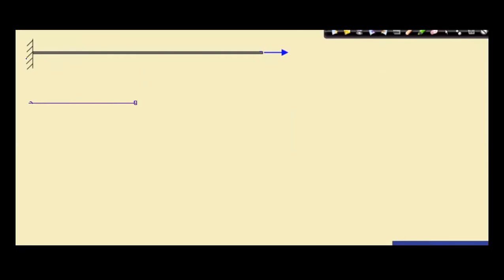We know here the displacement is 0 in the axial direction, because a fixed support cannot displace. But we will take a general element like this. We will say this is at x equals x1, and this is at x equals x2, right?